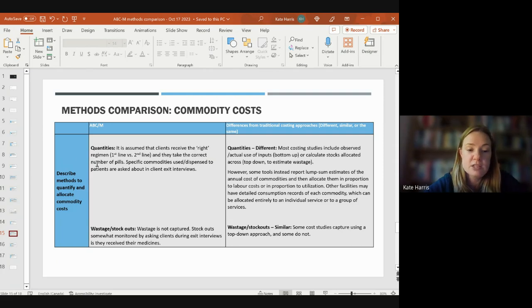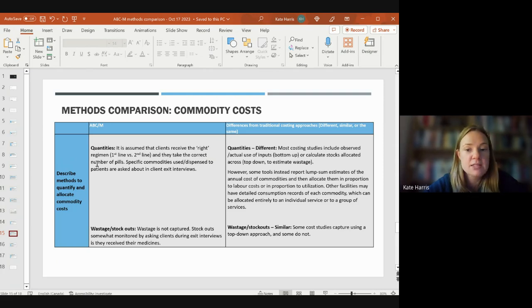On wastage and stockouts, wastage is not specifically captured in activity-based costing, and that can be quite significant to know about. Stockouts are somewhat monitored by asking clients during exit interviews if they've received their medicine, and if they didn't, it might be a sign of a stockout. But it's not systematically collected in activity-based costing that way.